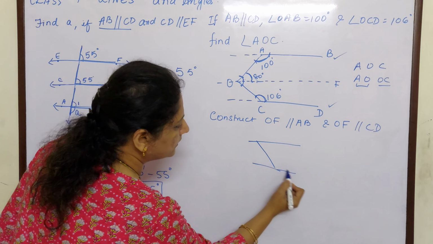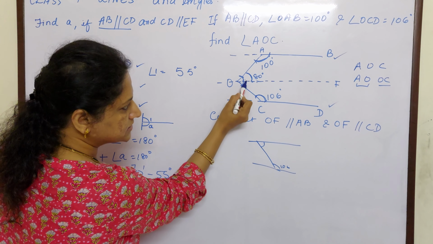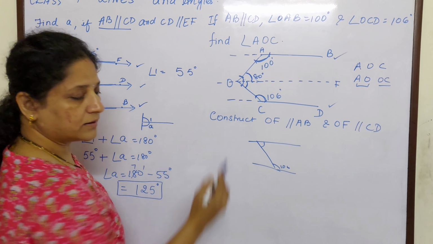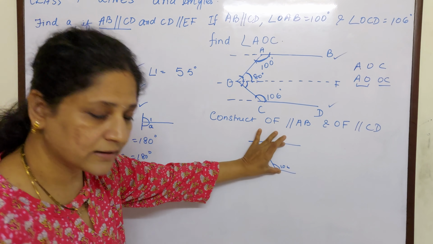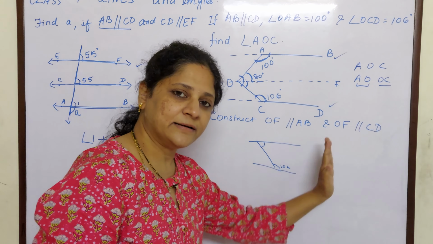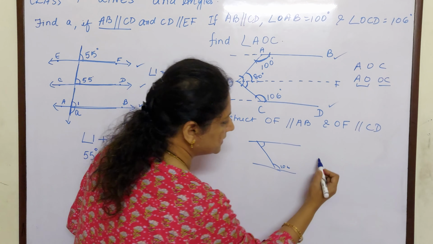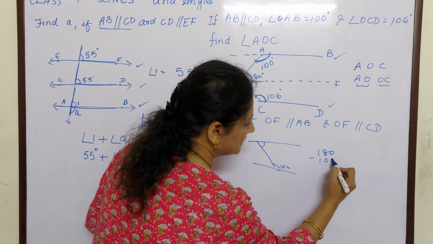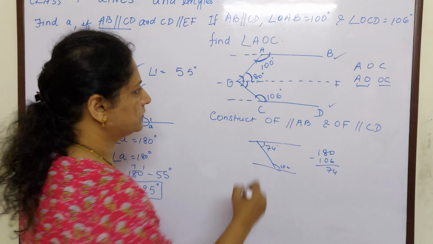Okay. Now down it is 106. Then what will be this part? Only this part. Okay. Now this is also interior angles on the same side, that is the right side of the transversal. They are supplementary. So this is 106, so 180 minus 106 will give you 74. That means this is 74.